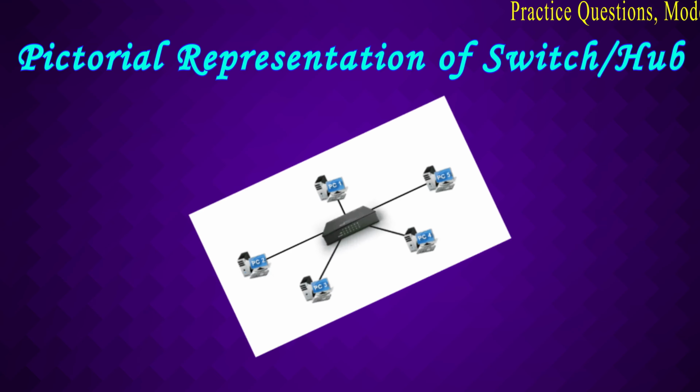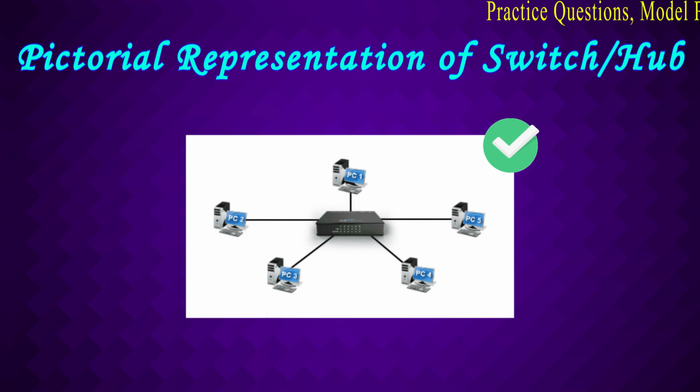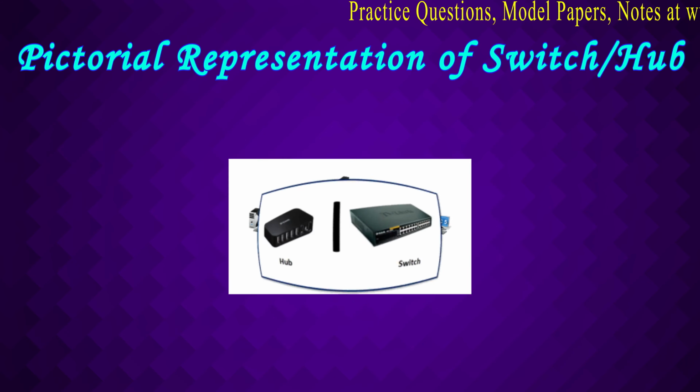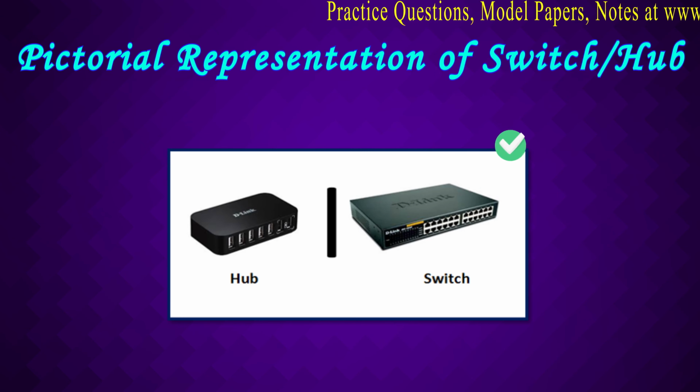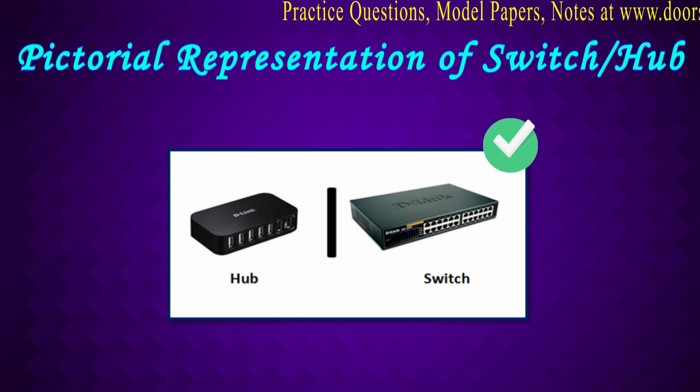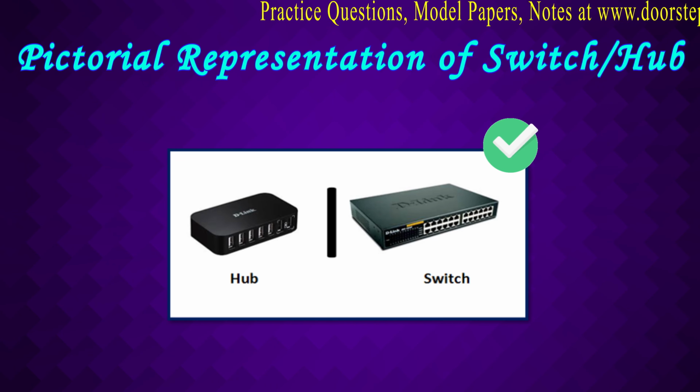In the next diagram with the yellow background, we can see multiple workstations, or personal computers, connected through the various ports provided in the hub. In the last diagram, we can see the exact difference in physical structure of hub and switch.